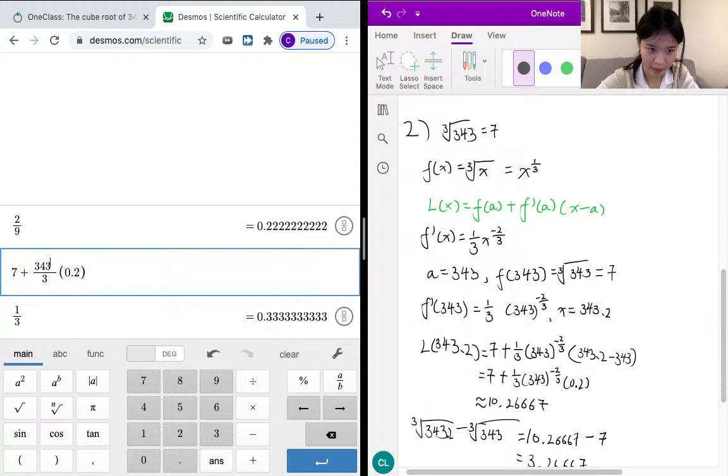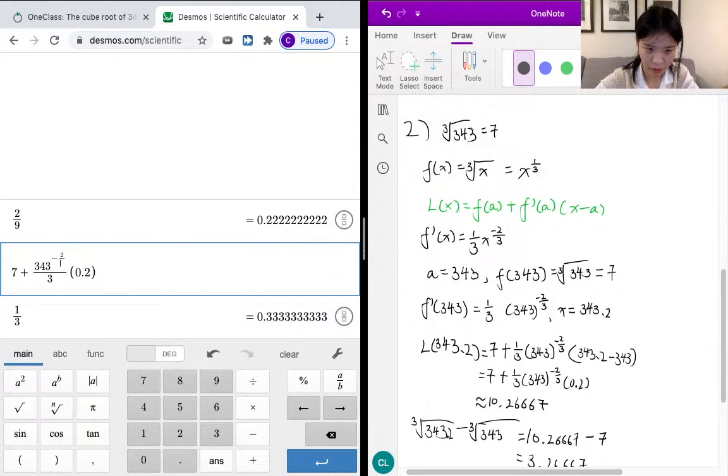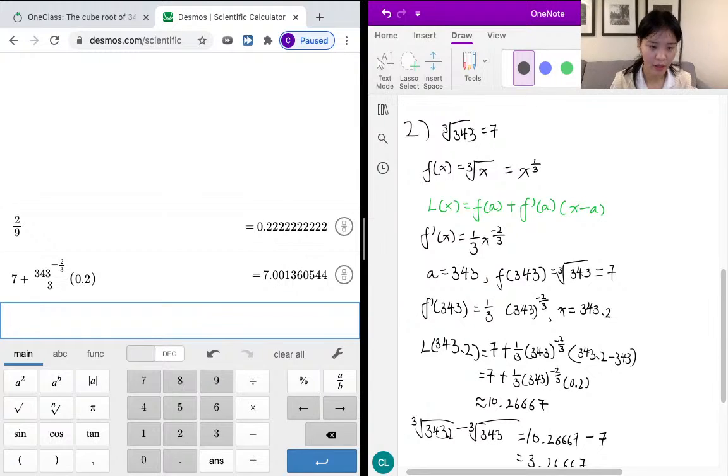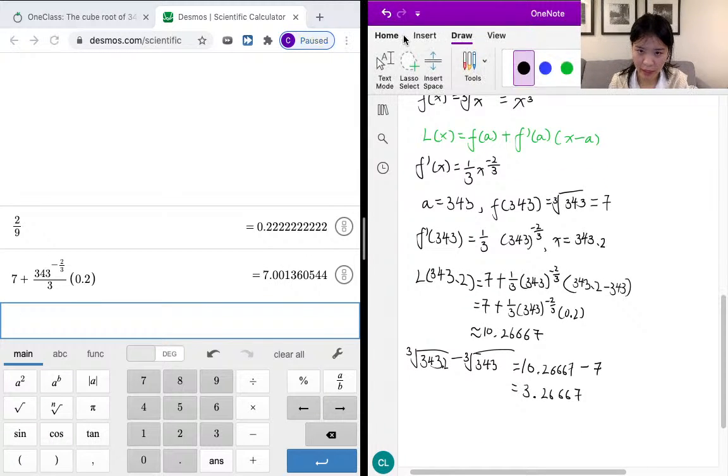Oopsie. Okay, negative 2 over 3, and let's fix our answer first, and then let's fix their answer. Okay, so the only thing that changed is our value for f of a.